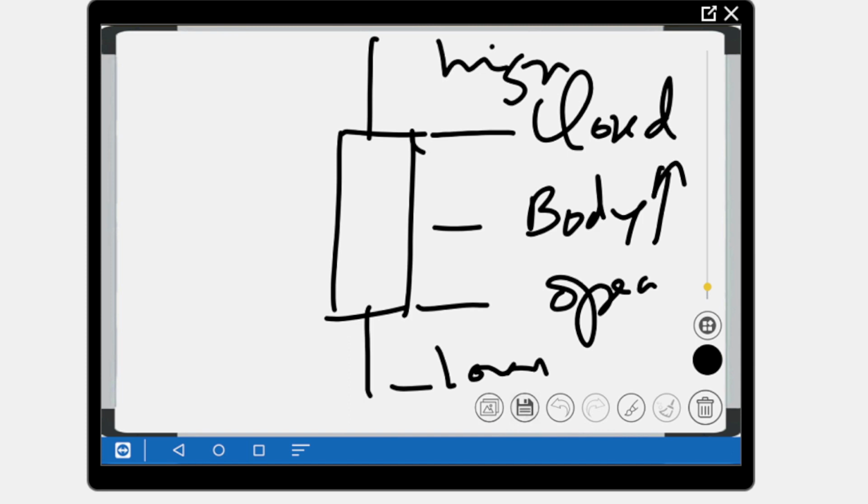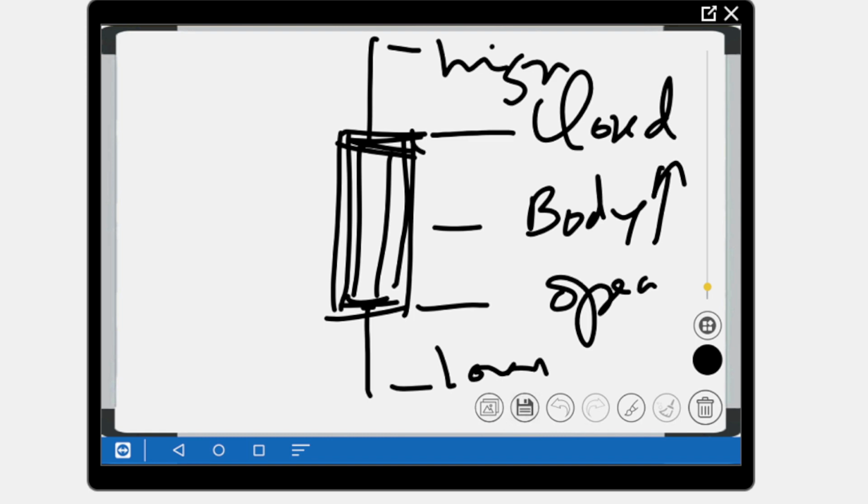But here is what I want to focus on. This is the body, okay? This is the body of the candlestick. You can see there are two lines, a line on top that represents the high and a line at the bottom that represents the low, where price went.